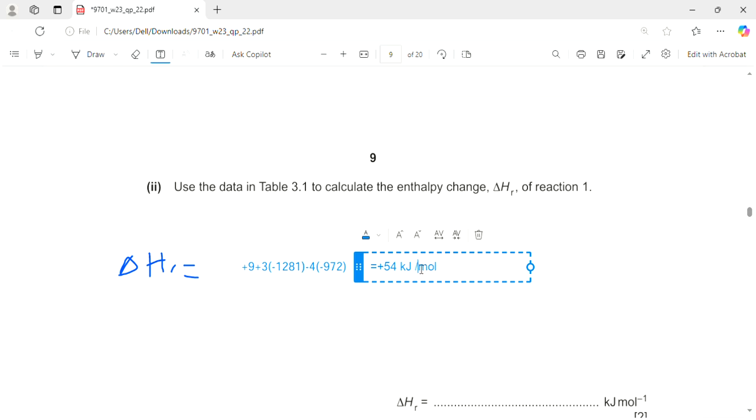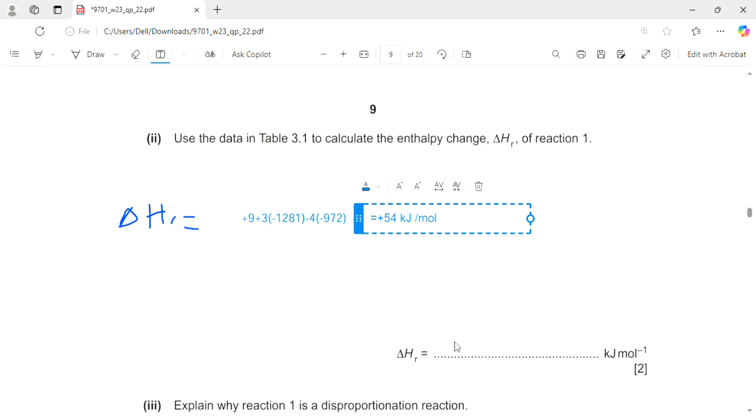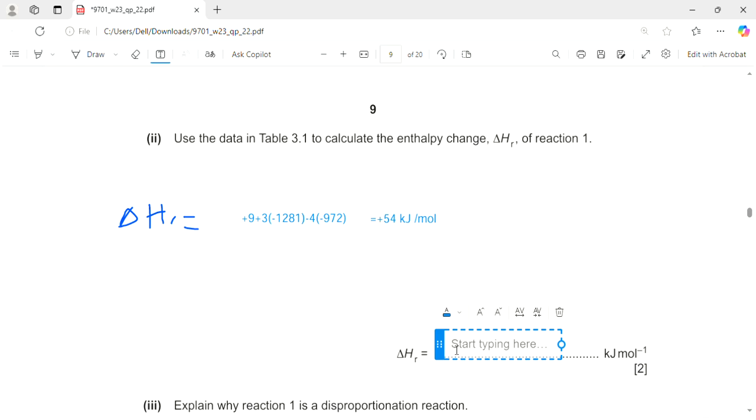So for positive 54, we have written positive 54. Okay, so move to the next part.